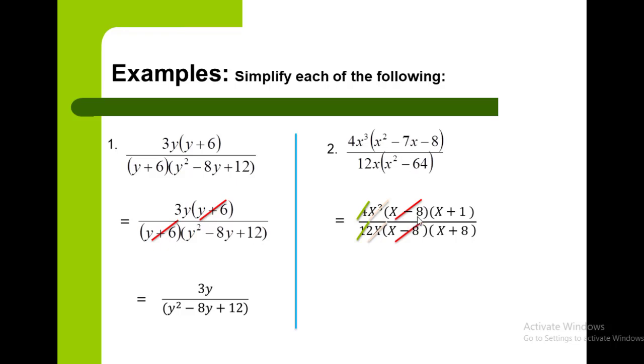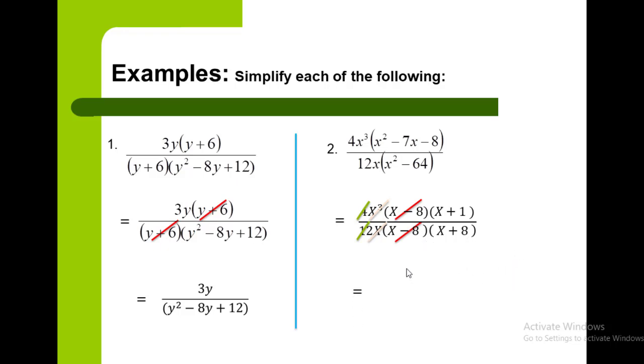We will write 8 with a negative sign and 1 with a positive sign: negative 8 and positive 1 give negative 7, the middle term. Then we factorize the bracket in the denominator. This bracket is called the difference between two squares, factorized into two brackets: the first one x minus 8 and the second one x plus 8.